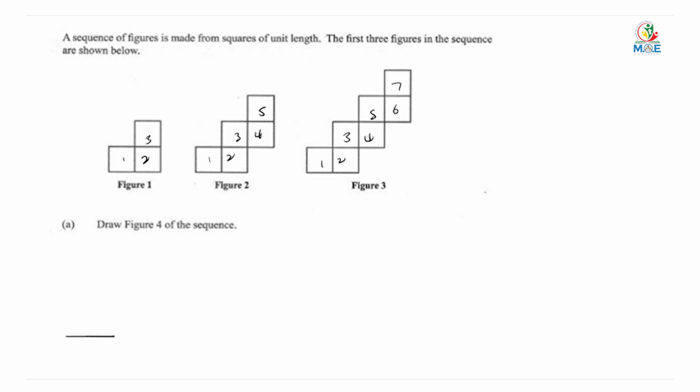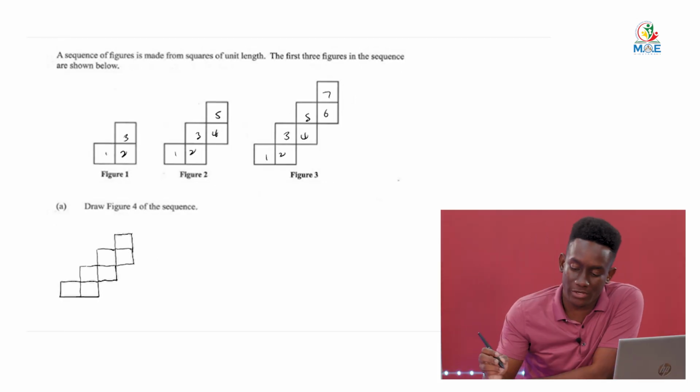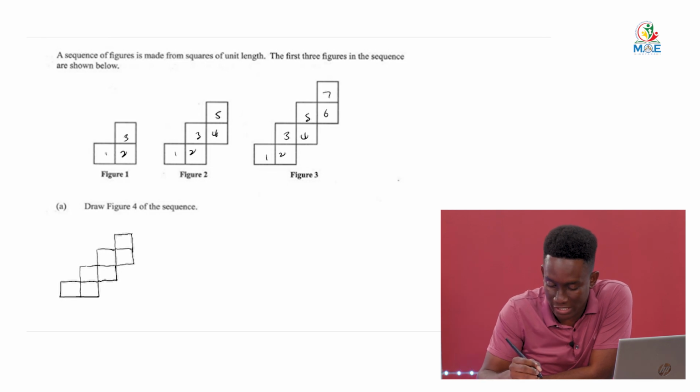So I'll try to use a ruler and draw it as neat as possible. So you can split this in 2. And so this that I have here is figure 3. So to get figure 4, I see I need to add on 2 at the side.